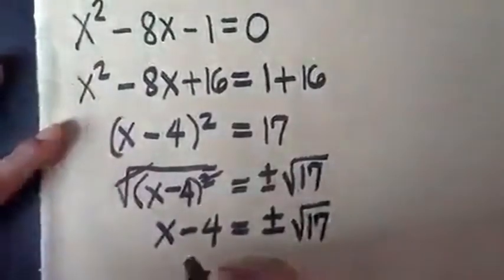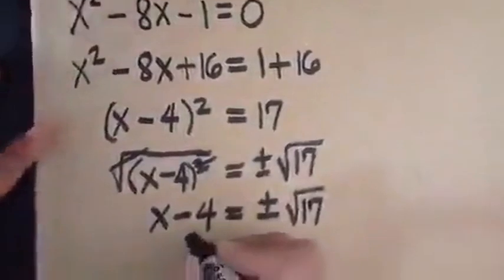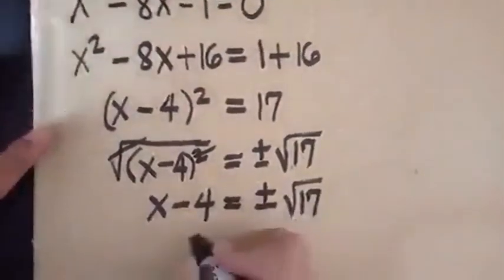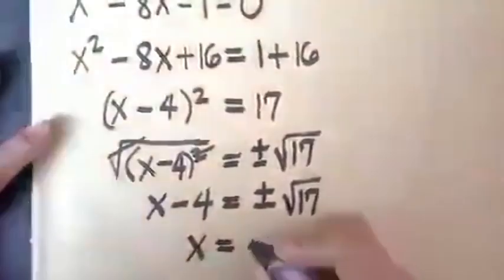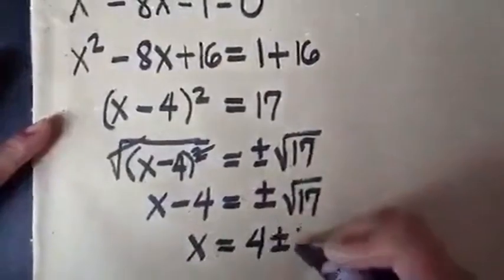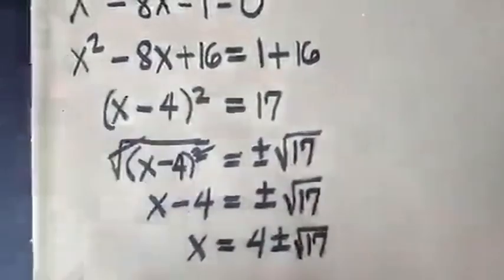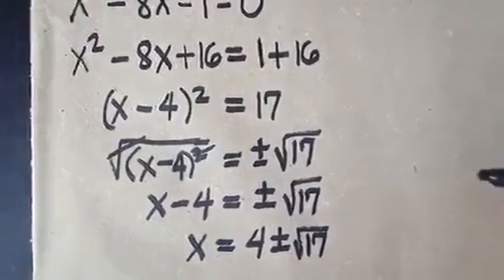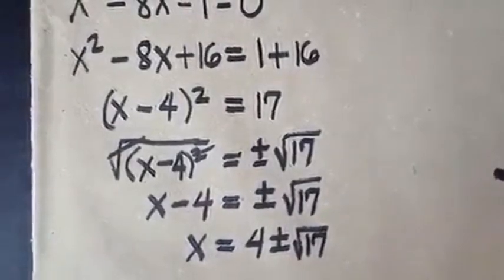Okay? Then, solving for x, we transpose negative 4 to the other side, so from negative, it will now become positive 4. So, we just copy down what is on the right. Okay? So, these are now our roots. We have x is equal to 4 plus and minus the square root of 17.